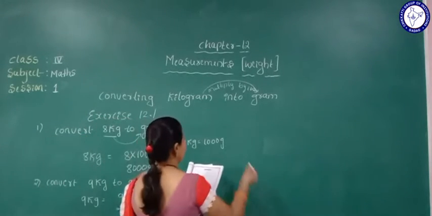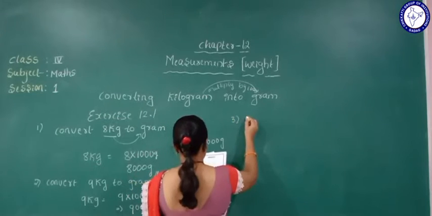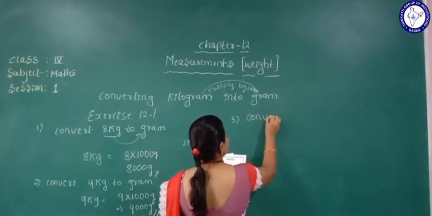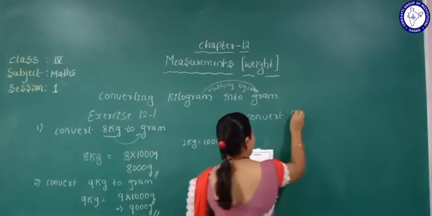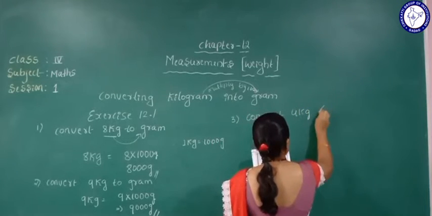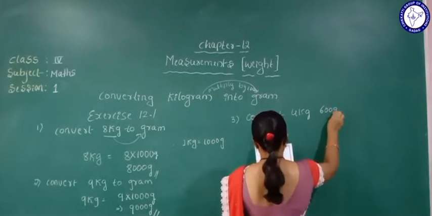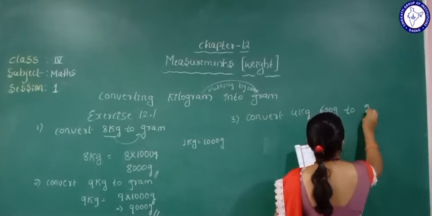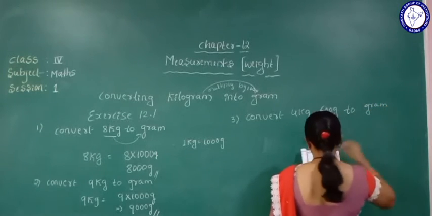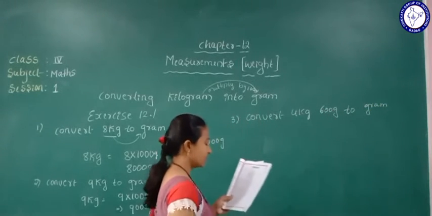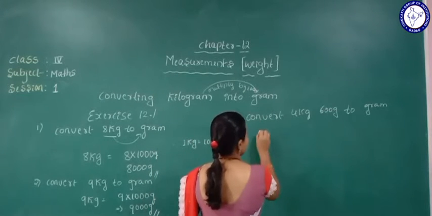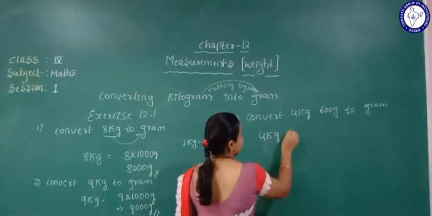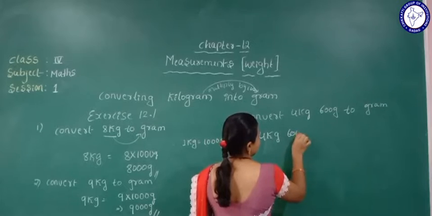Next one, third one, convert 4 kg 600 gram to gram. What will we do here? First we write 4 kg 600 gram.